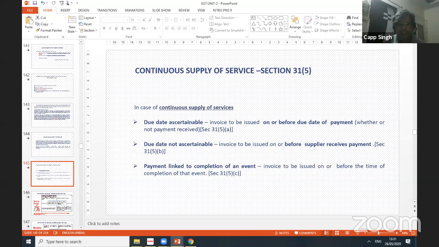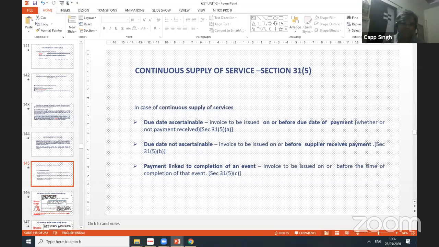So in the case of services, the liability to pay tax arises either on the basis of invoice or on the basis of payment received, whichever is earlier. For issuance of invoice, we have discussed that the invoice could be issued either before provision of service, or within 30 days of provision of service.